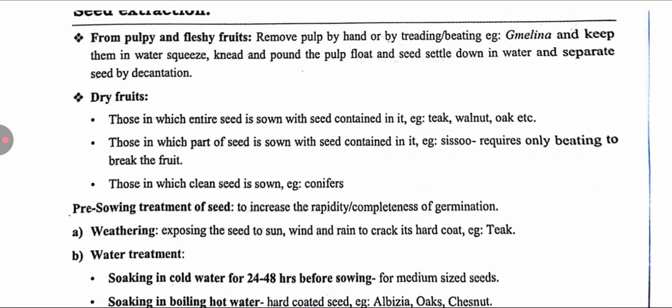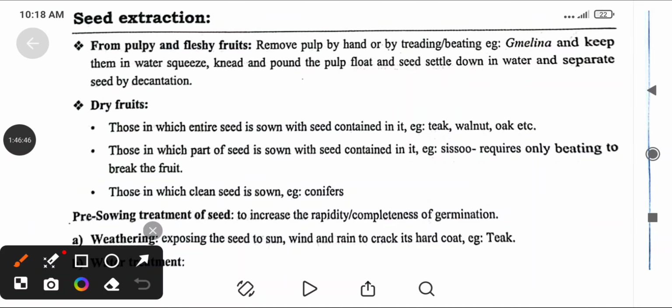Seed extraction from pulpy and fleshy fruit. Remove the pulp by hand or by treading, beating, etc. Gmelina: keep them in water, squash, knead and pound the pulp, let it float and settle down in water, and separate the seed by decantation.